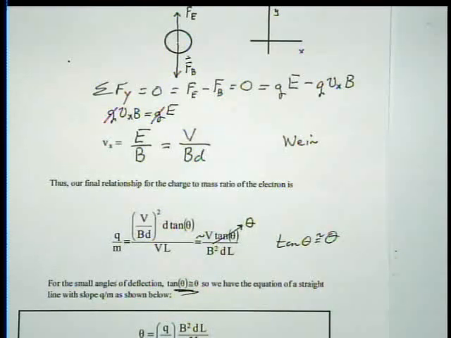And he decides to go one step further, and he says, look, what I'm going to do is I'm going to rewrite the equation in terms of theta. So I'm going to put theta on one side, which he does. And I'm going to put everything else on the other side. So the B squared comes up, the d comes up, the l comes up, and the V. And he says, I'm going to call that x. And I'm going to call that y.